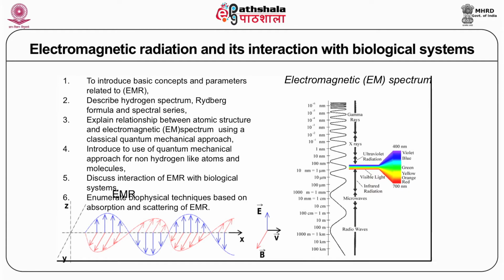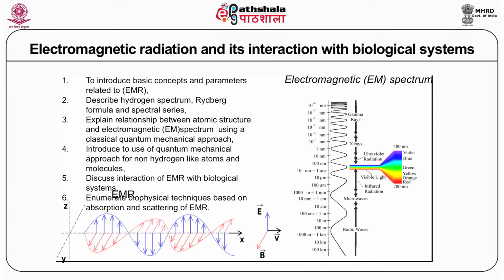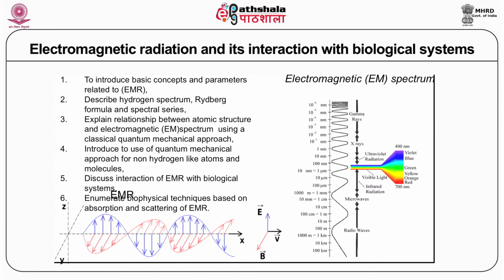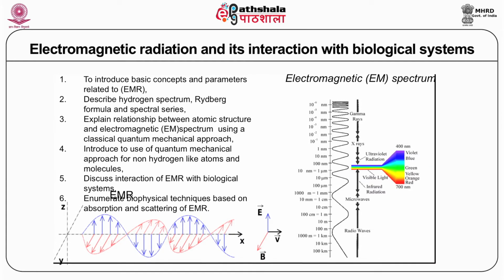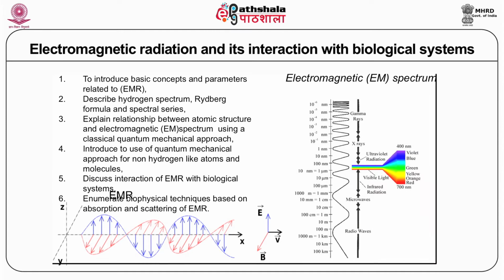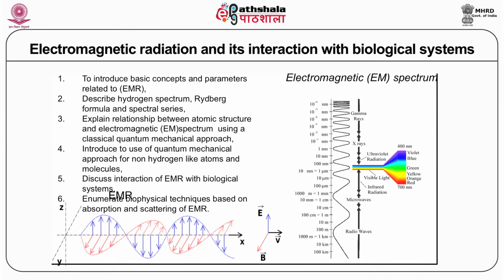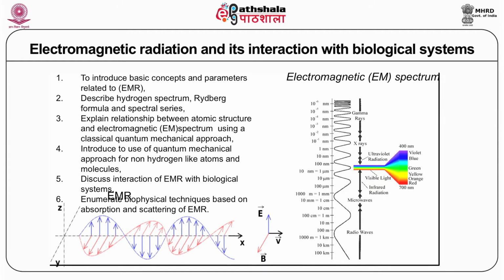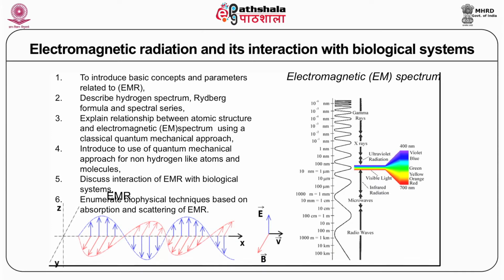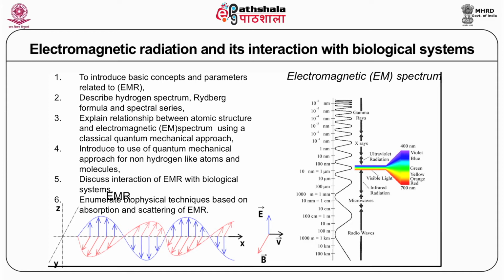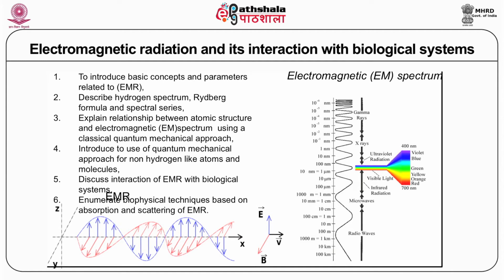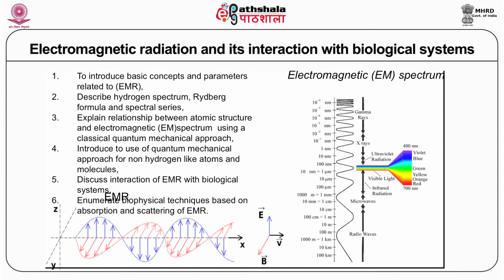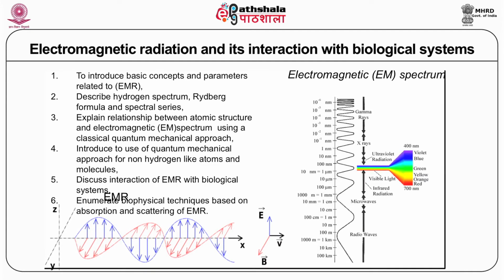So this has a different kind of approach to understand the molecular structure level. Some amount of basics will be a kind of repetition, nevertheless it is meant to understand polymer structure, that is, proteins and nucleic acids. Then it will also interact with these biological systems, and you will enumerate various biophysical techniques based on absorption, scattering and so on and so forth.